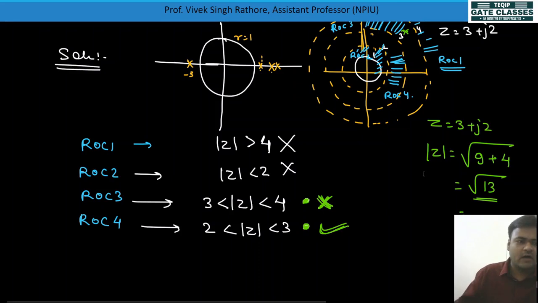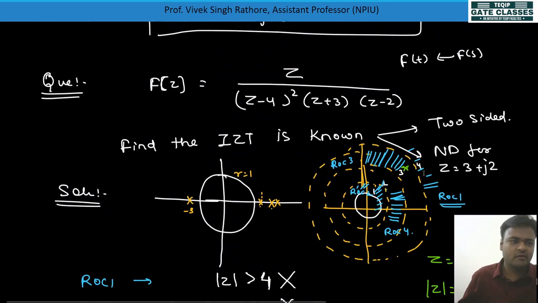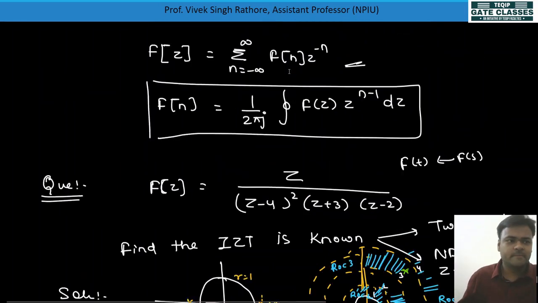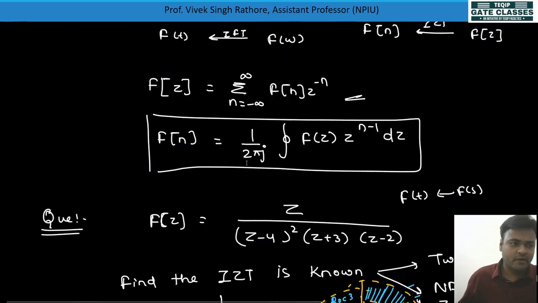Now you can understand, if you do partial fraction and separate it out, what will happen? First of all, this expression was there for calculating your inverse Z transform, but if you keep this value and integrate it, it will take so much time.